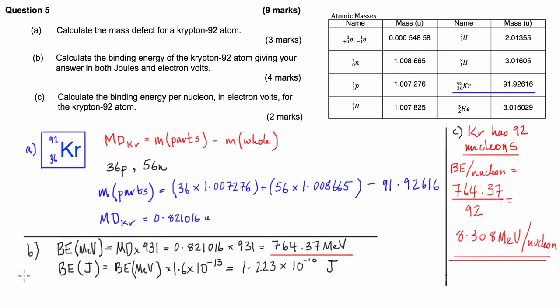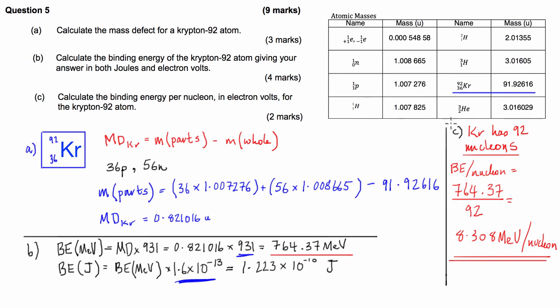The only tricky part is making sure that you have all of these conversion factors under control for converting between mega electron volts and joules, or atomic mass units and mega electron volts. And if you have all these under control, then it shouldn't be a problem at all.